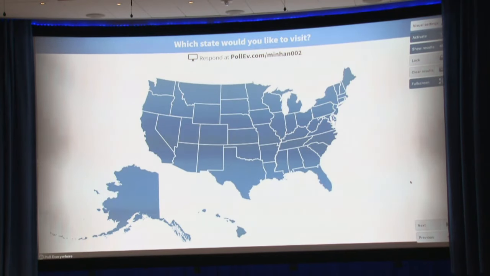This type of question, you cannot use a feature phone. In this case, most of these questions you can answer with your regular feature phone that doesn't have internet access. But for this type of question that you have to answer on a certain image, then you have to use a smartphone. So the question was, which state would you like to visit?